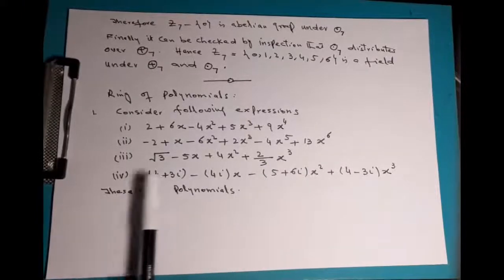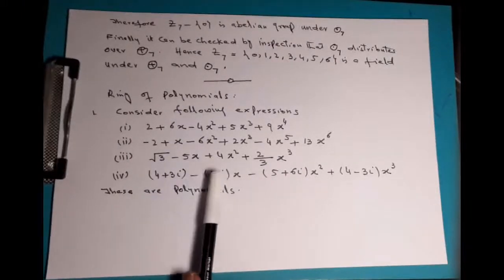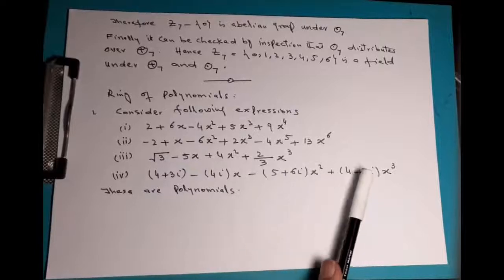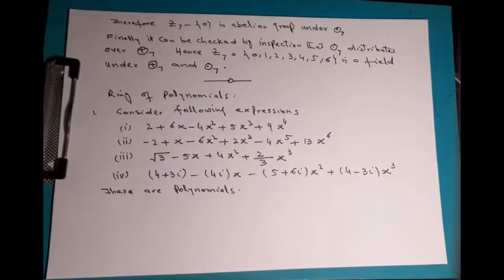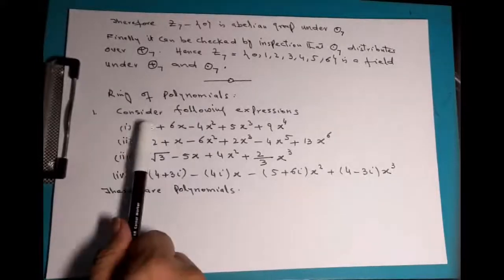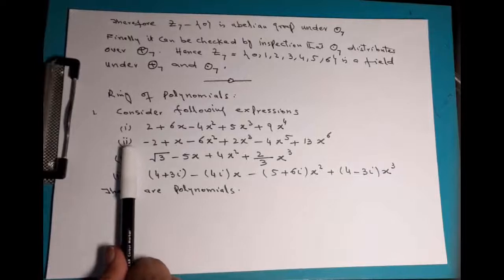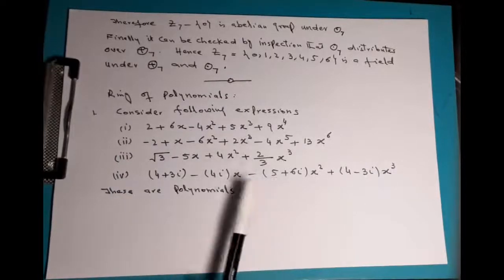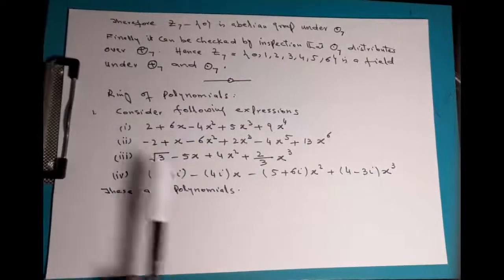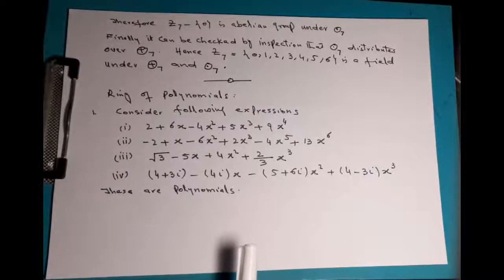And in this polynomial, 4 plus 3 iota, 4 iota, 5 plus 6 iota, 4 minus 3 iota are complex numbers. So for polynomials 1 and 2, whose coefficients are integers, these are polynomials over Z, the ring of integers.